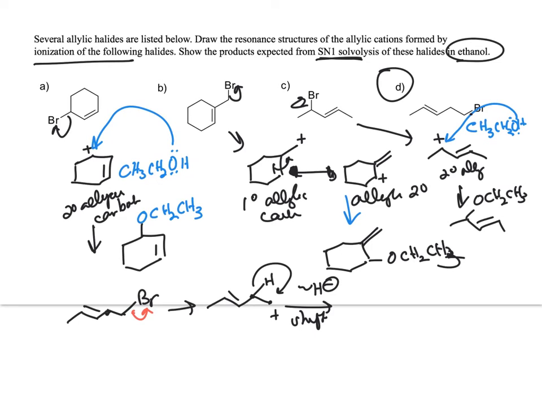So you draw your little squiggly and write the hydride shift, and then that puts that there, and then your methanol will come in, and then your product would be the same product as you have up here.